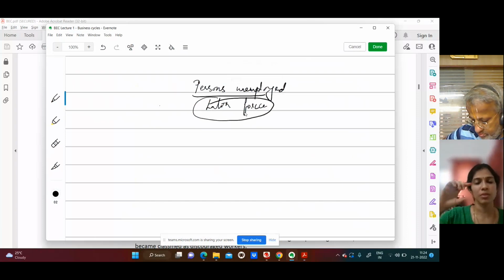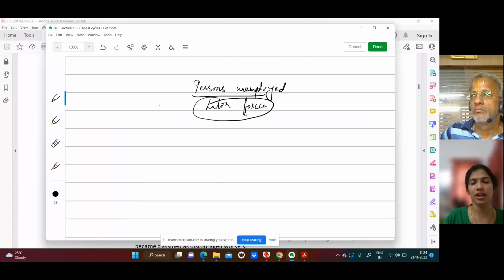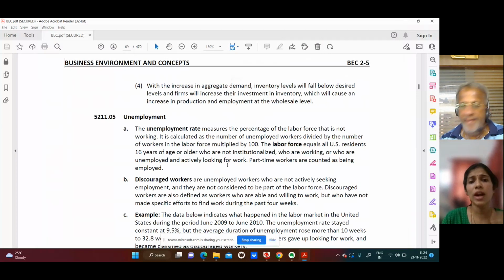You're in the children's population, not in the population that can be counted for this labor force. So you have to be 16 years of age, and then you can be working or not working. We are talking about the denominator, the total labor force. You are either working or not working, but you are willing to work, and actively looking for work. And part-time workers are counted as being employed.